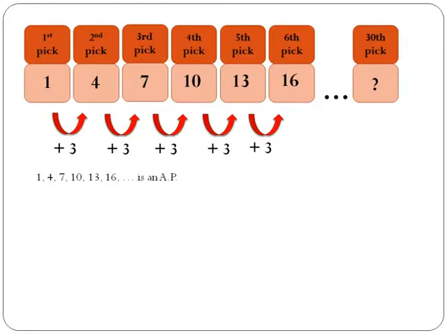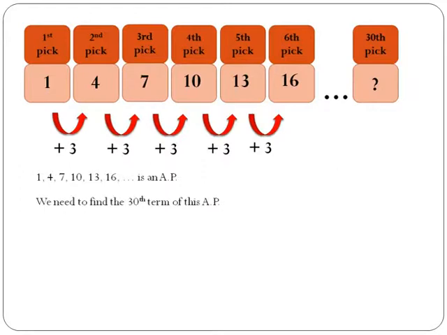Here is the list of the number of candies the kid had picked up: 1, 4, 7, 10, 13, 16 and so on. Clearly this is an arithmetic progression. Now the formula I'll give you will help you find the nth term of any AP.